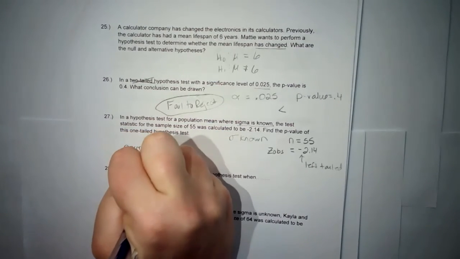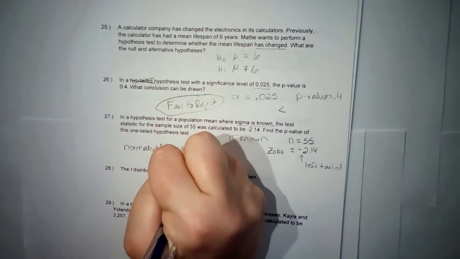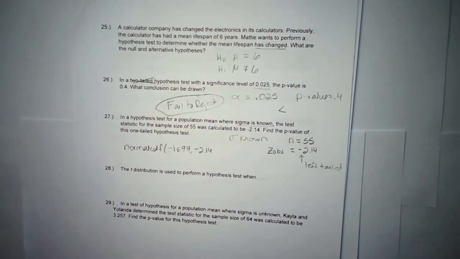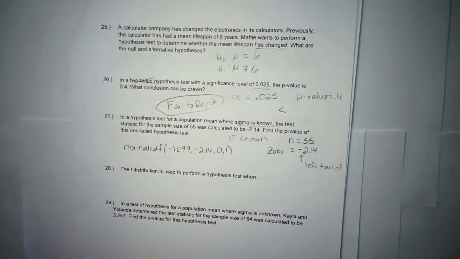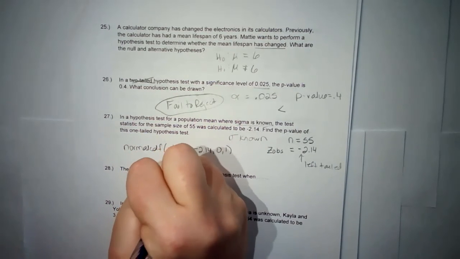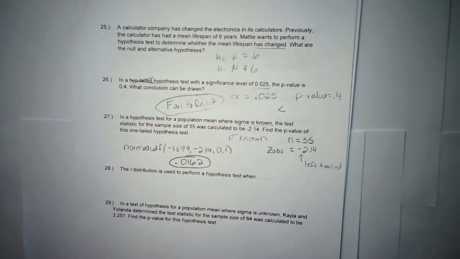We're going to use negative infinity, lower bound. Our upper bound is negative 2.14, comma 0, comma 1. And then I came up with 0.0162. Okay. Is that okay? We're okay with that one?